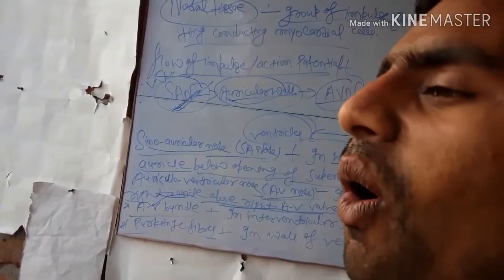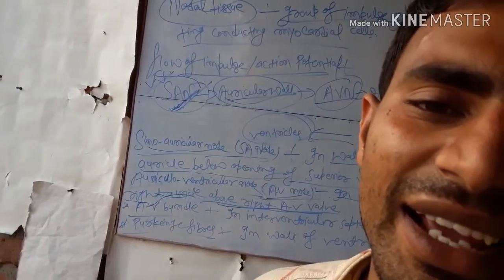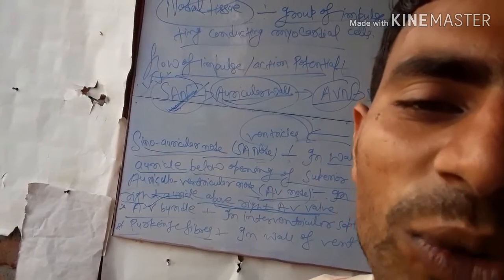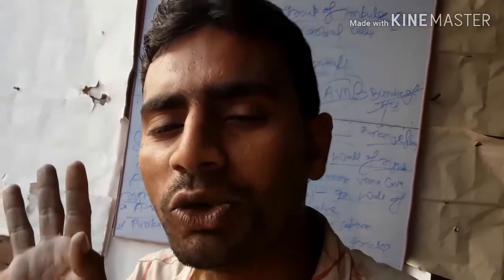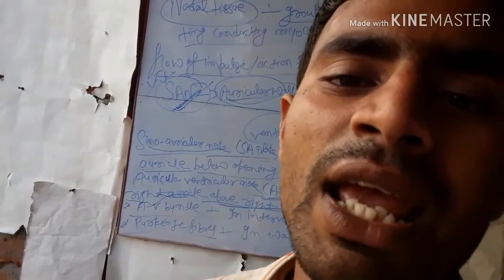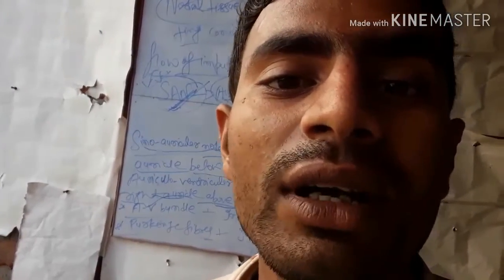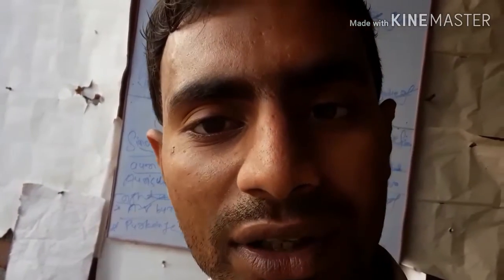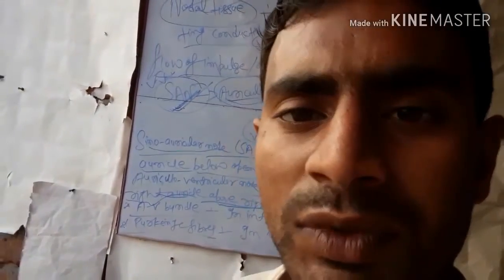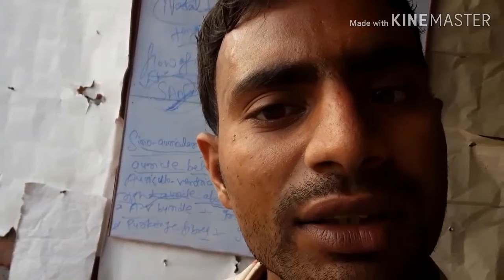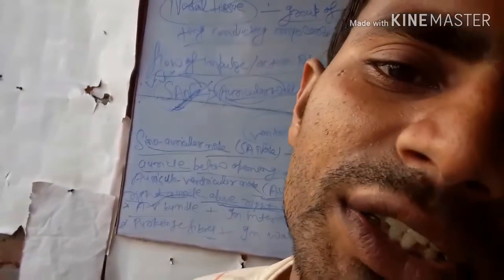You should also know about the heart that the human heart is completely divided into four parts: left auricle, right auricle, left ventricle, and right ventricle. Between the right auricle and right ventricle a valve is present.